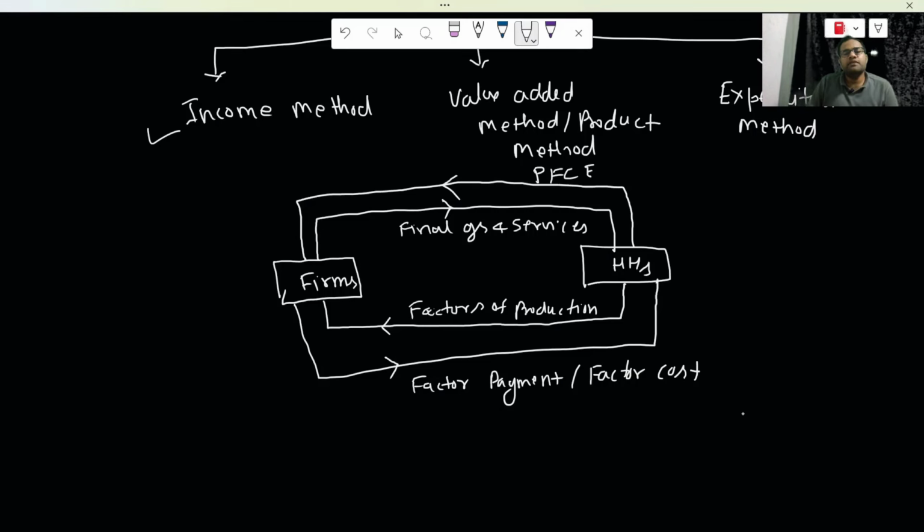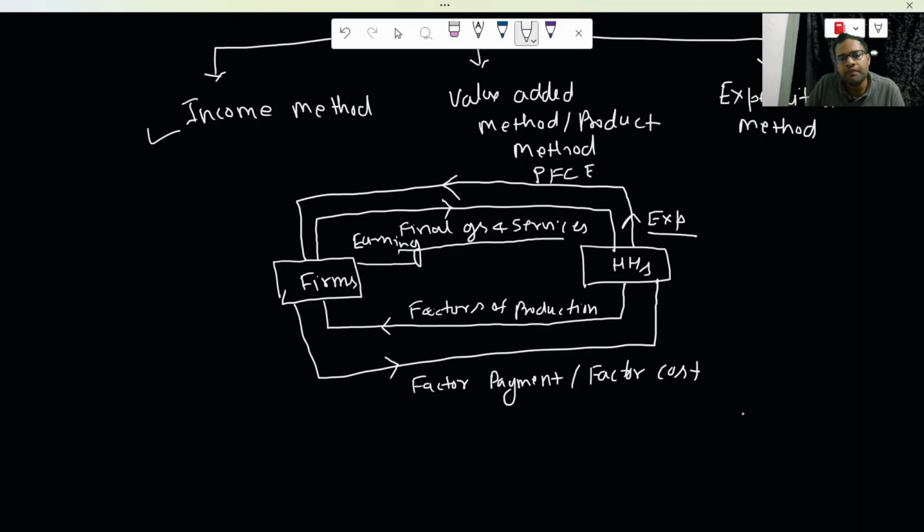So here if you notice, the firm's earning is by selling the final goods and services to the household. That is the earning of the firm, and this is the expenditure of the household, because when households are buying those final goods and services, they are paying money for them. So one's earning is the second one's expenditure.